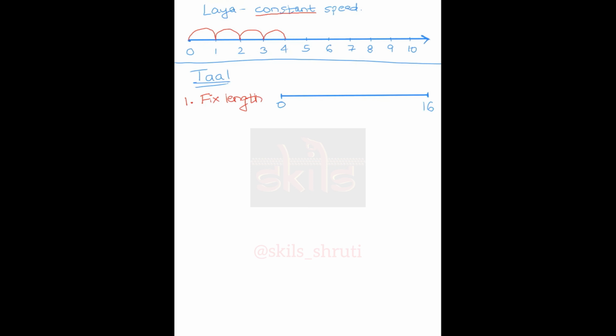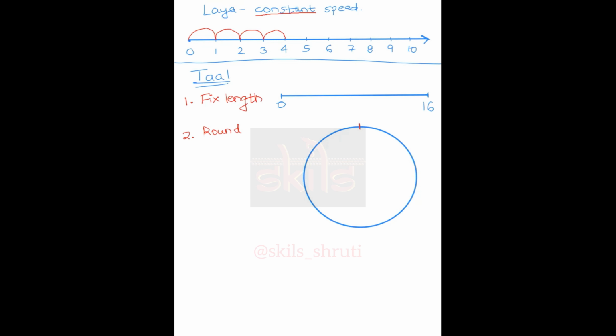Now the second rule which we are going to apply is that we are going to wind this segment and make it into a circle. So for example, the starting point and ending point meet over here.